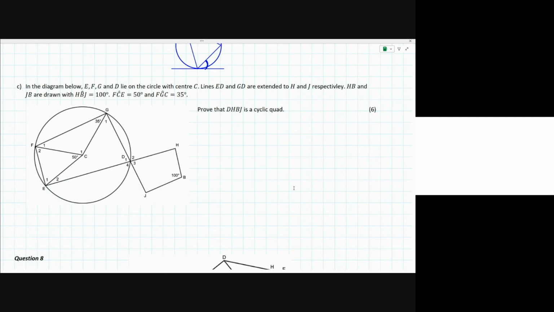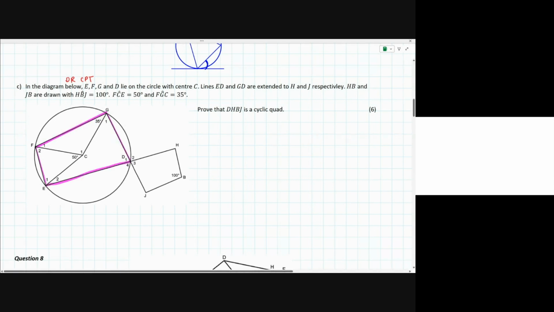So once again, we go to Dr. CPT and we just identify those 5 characteristics if they exist first. Right, now importantly, E, F, G, and D lie on the circle, which means that E, F, G, D is a cyclic quad. All vertices on the circumference of your circle.